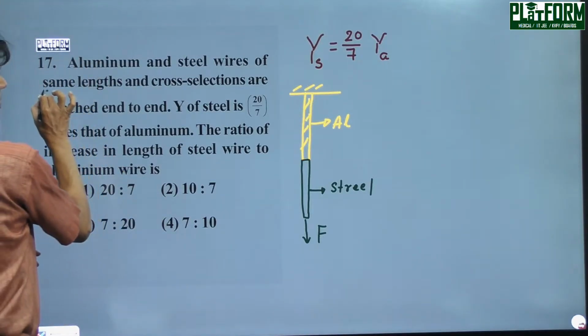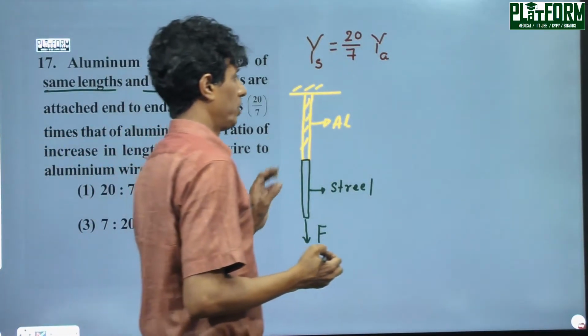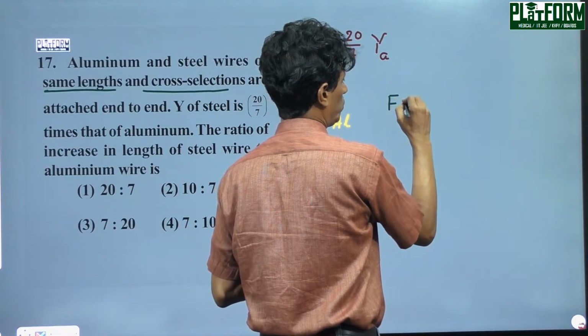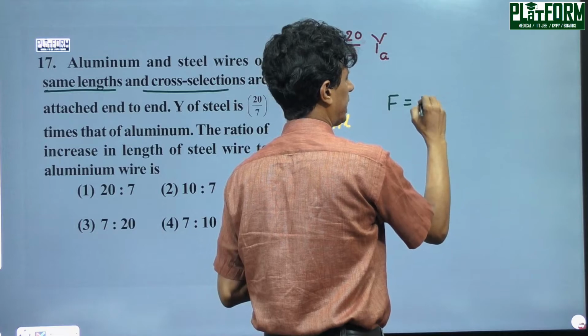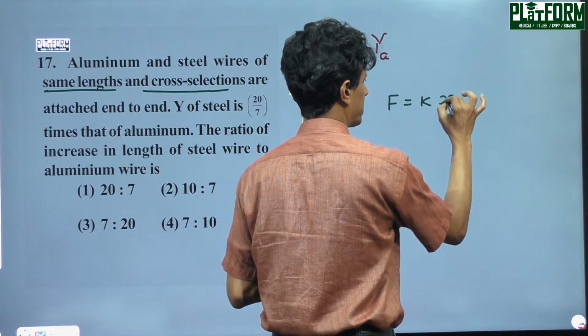Here the same length and cross section. Again we can say F is equal to K into X. X is the expansion.